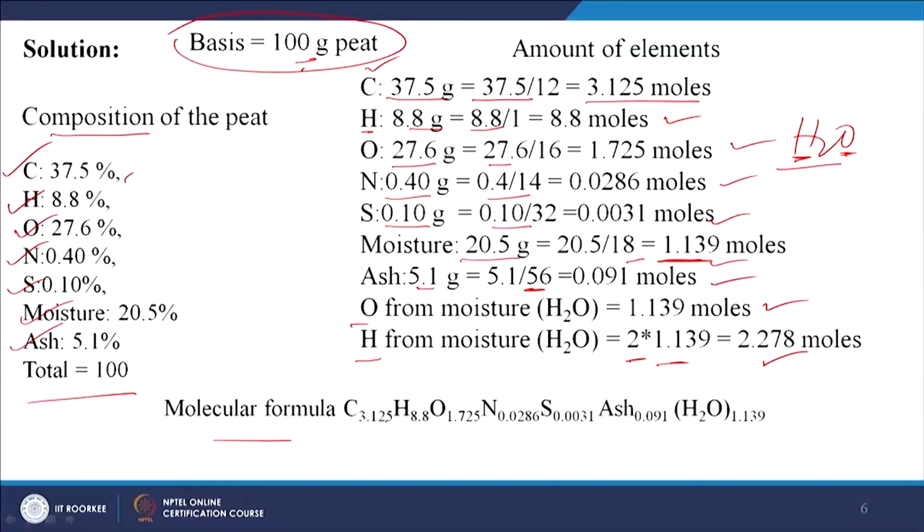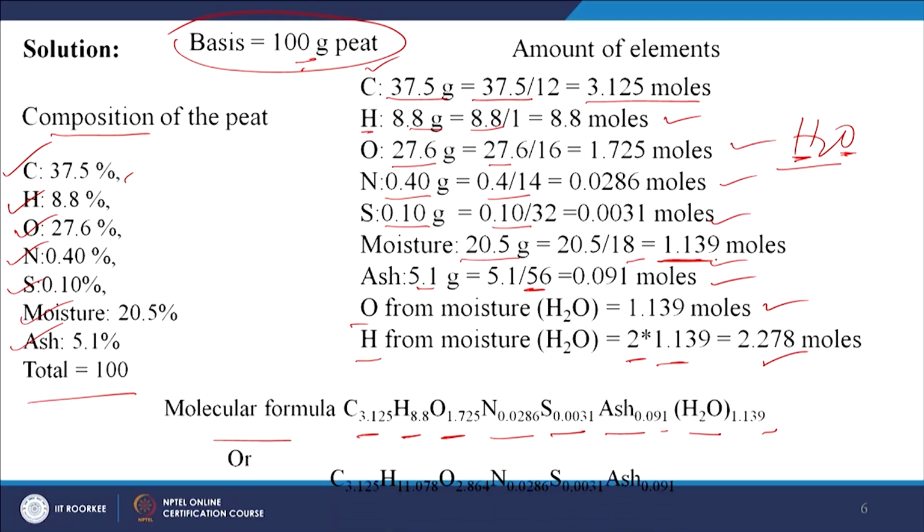So, we can represent the molecular formula as C 3.125, H 8.8, O 1.725, N 0.0286, S 0.0031, ash 0.091 and H2O 1.139 as we are getting here.